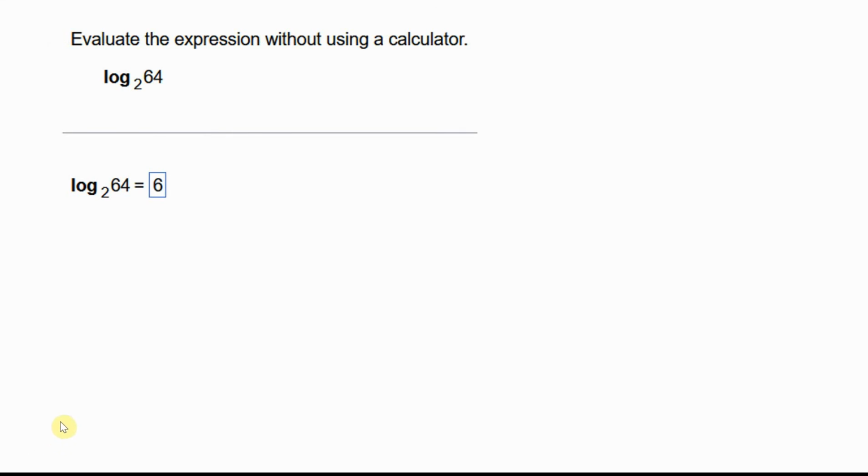Evaluate this without using a calculator. Just let this equal y and use the definition. So log base b of x equals y if and only if the base raised to the y is equal to x.